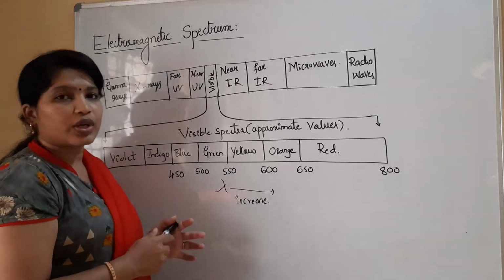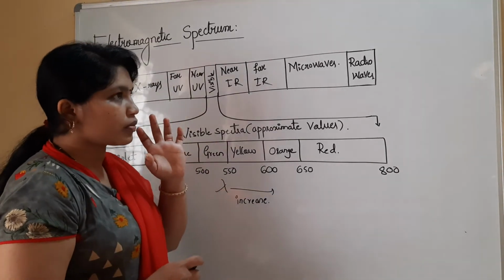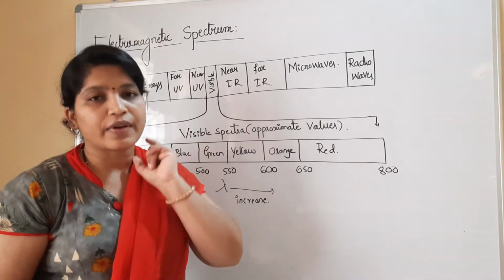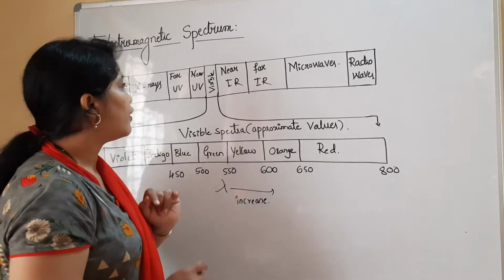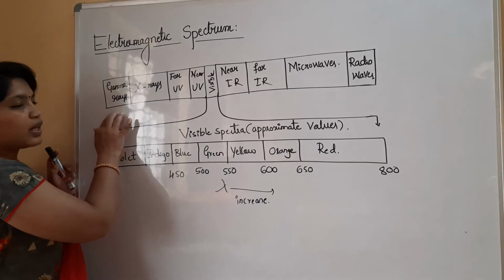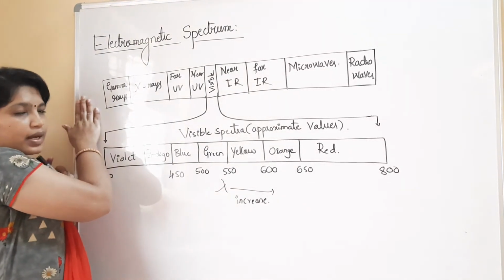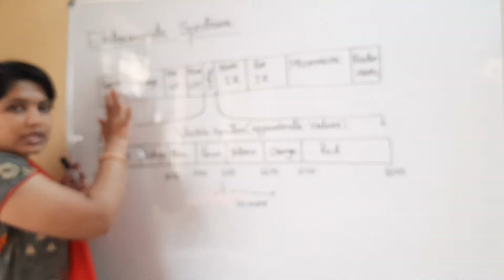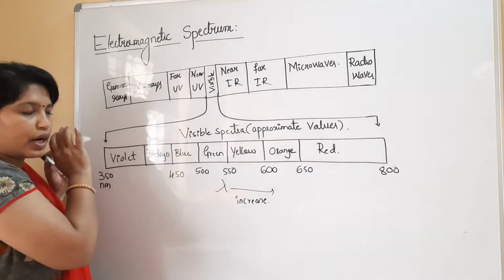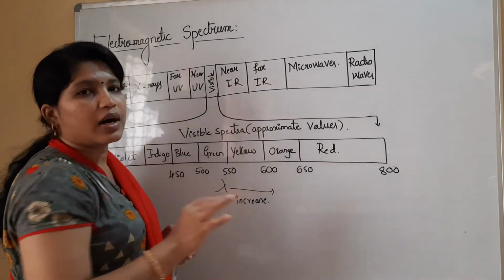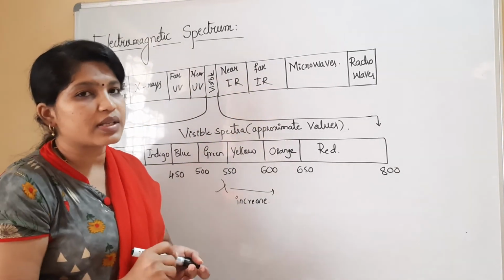I told you to remember one phrase for the representation. Very first I have written here gamma rays. Before this we have cosmic rays also, and we are not interested in that one. We will not represent that at all. So CGX UV IMR, you are supposed to remember that phrase I told you.